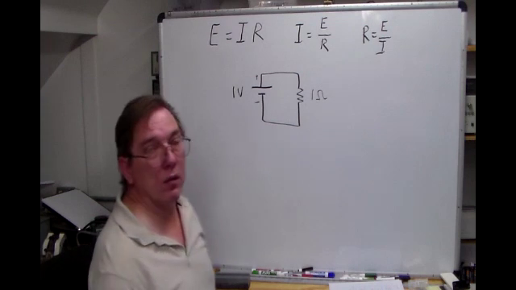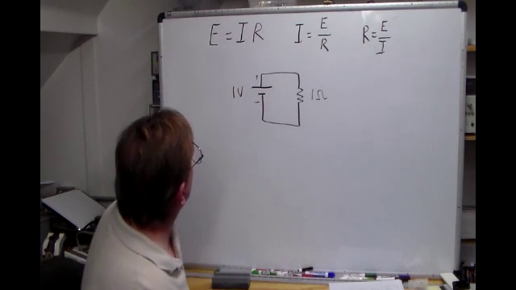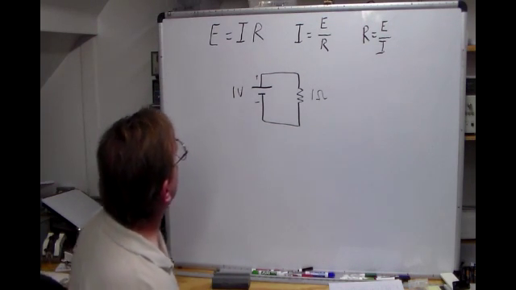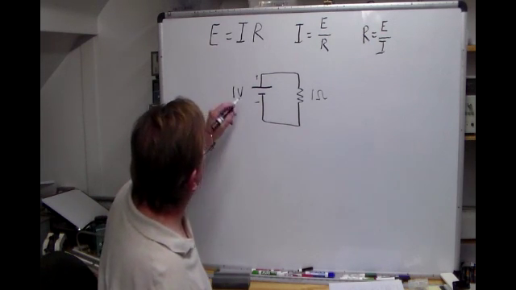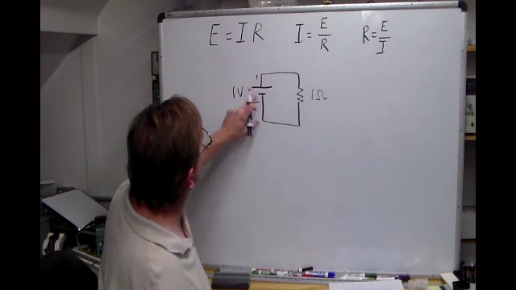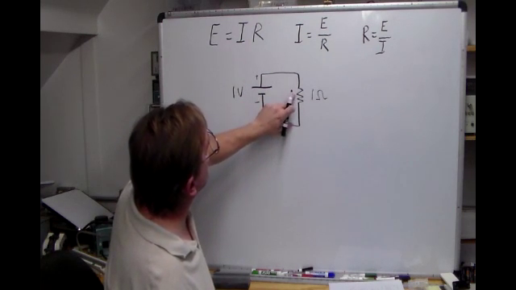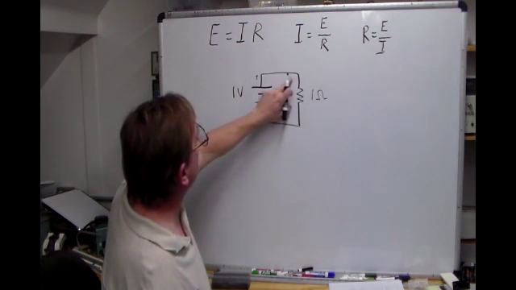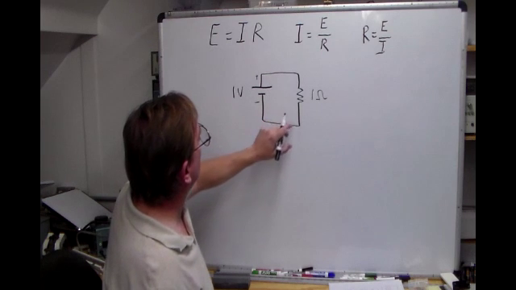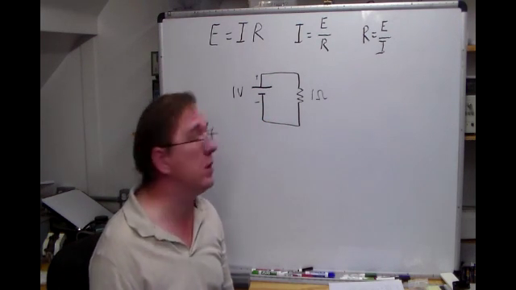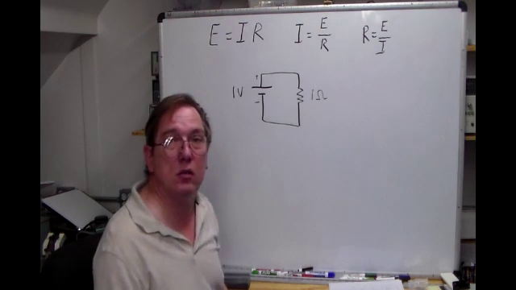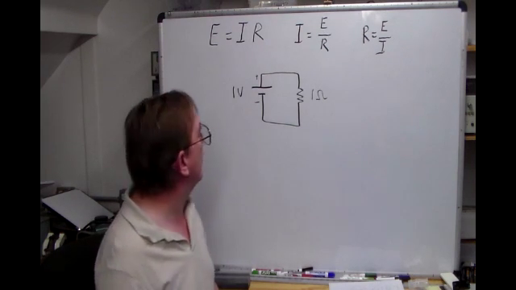Alright, so here we go. I mean, you really can't get much simpler than this. We've got a single cell, a 1 volt cell, and this is the symbol for a cell. This is the schematic symbol for a resistor, interconnected via wires. And as you heard from my earlier video, when you put a resistance across a voltage, a current will flow.